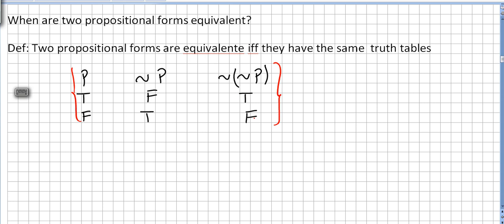True, false, true, false. Okay, so you can say that P is equivalent to not not P. This is the same. Okay, so anytime you do the truth table and you get the same truth table for any propositional form, you know that the two propositional forms are equivalent. Okay?